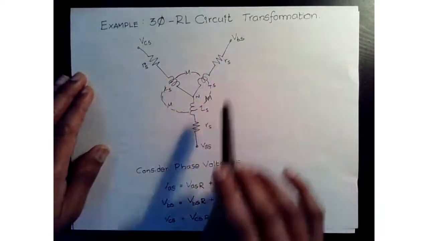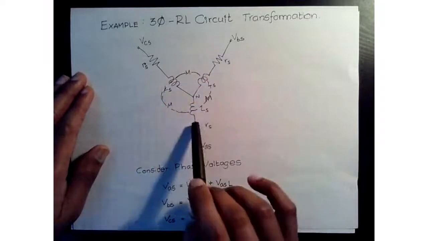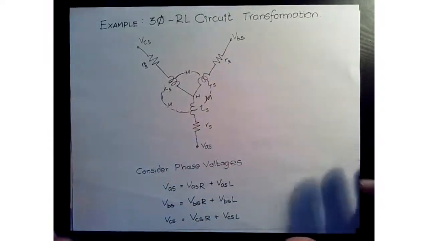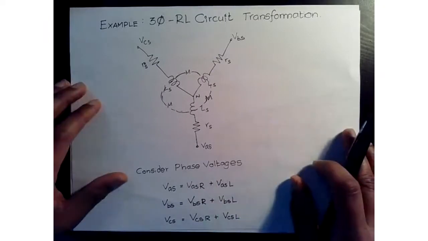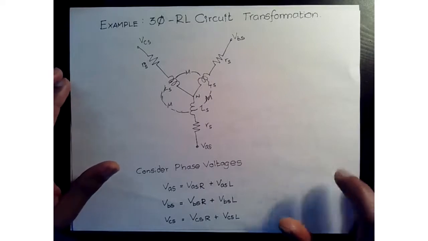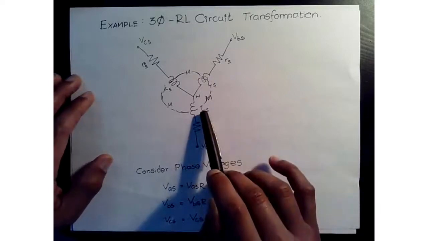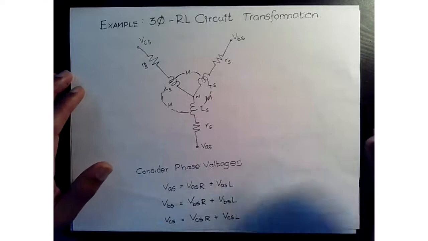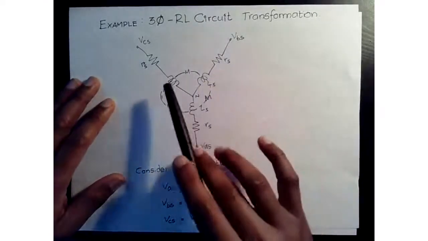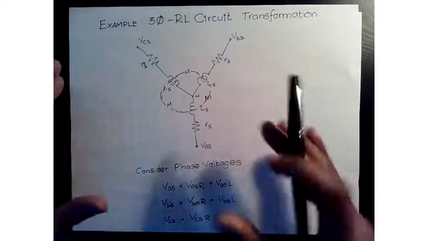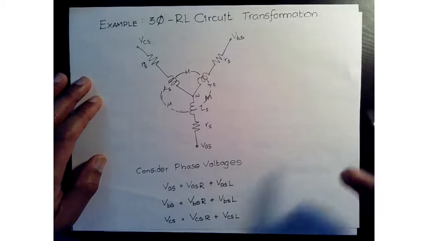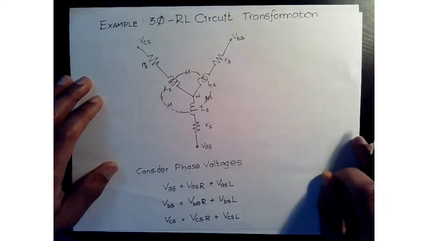Same resistance value, same inductance value, and then there is a mutual inductance that couples the phases, like it would in a motor. The only difference with respect to a permanent magnet synchronous machine is that we don't see the back EMF here. The back EMF term is not here, so this is a good next step for us to apply what we have looked at.